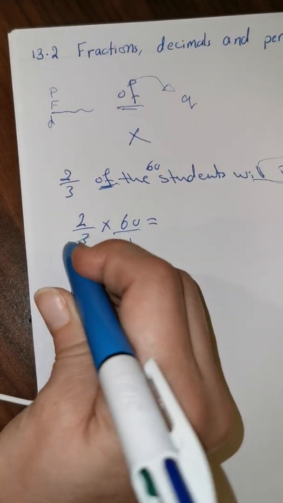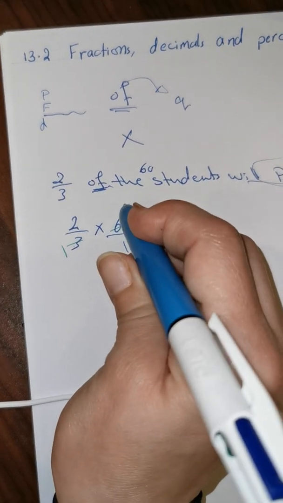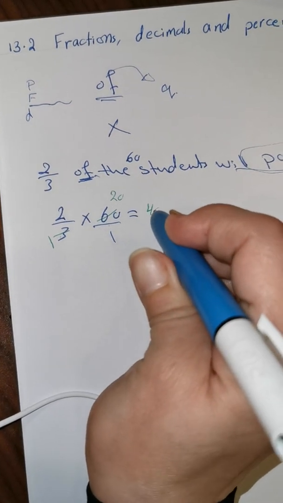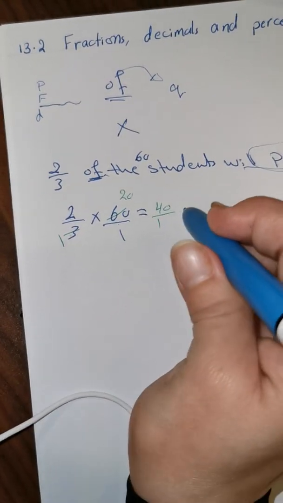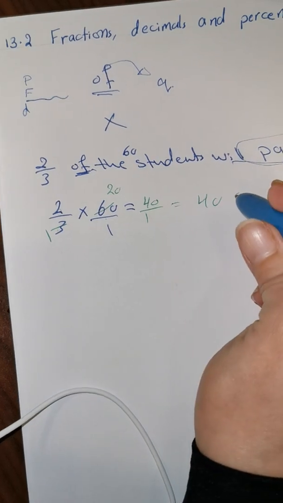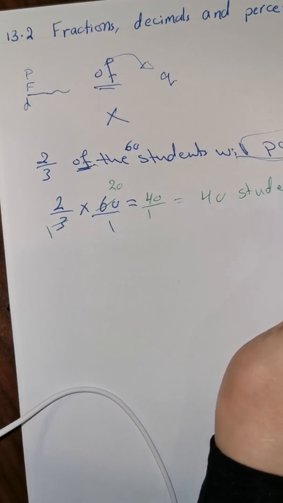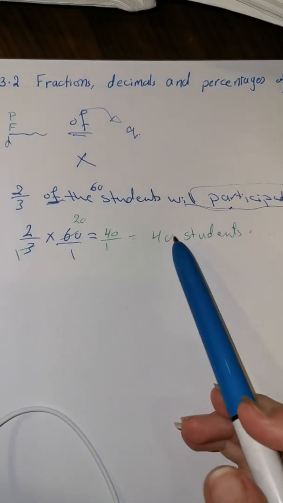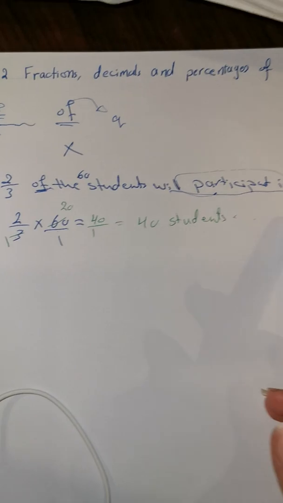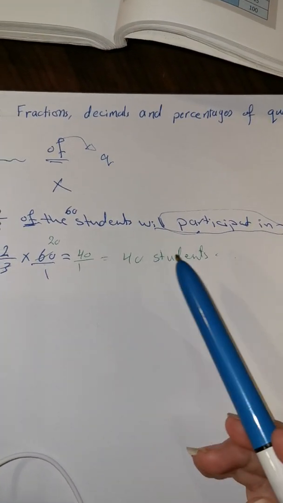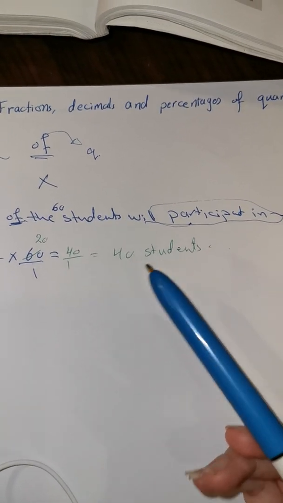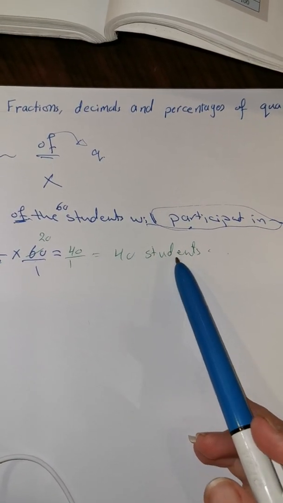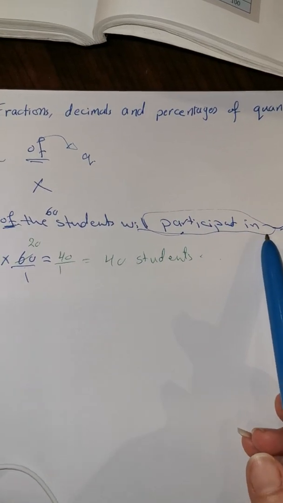So divide by 3 to get 1, divide by 3 to get 20. 20 times 2 is 40, over 1 times 1 is 1, so we have 40 what? 40 students will participate in competition. Again, the answer is 40 students will participate in competition. ركزوا على هاي العبارة منيح لأنه بعد شوي رح ناخد ال increase will decrease. Okay, again, the answer is 40. 40 what? 40 students will participate in competition.